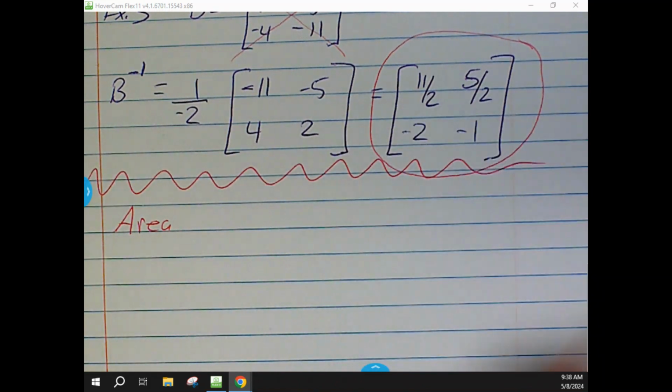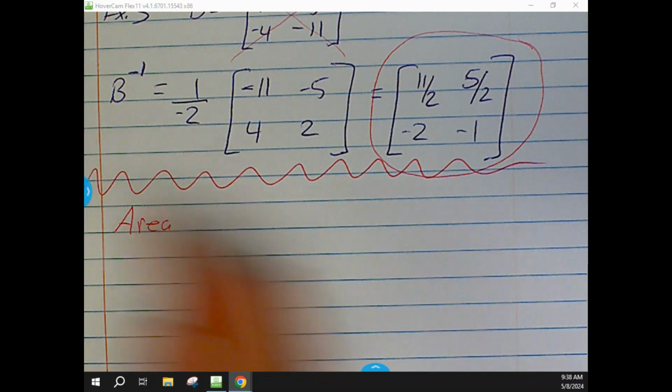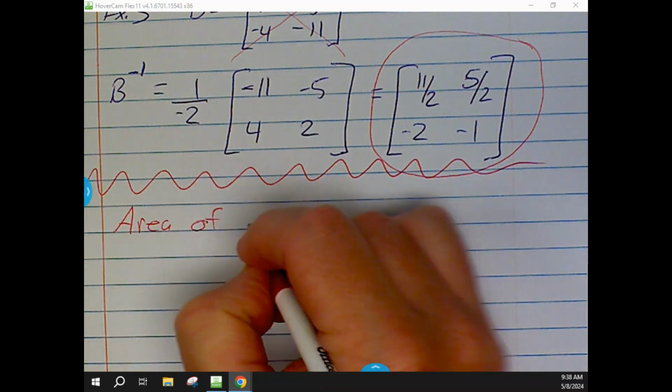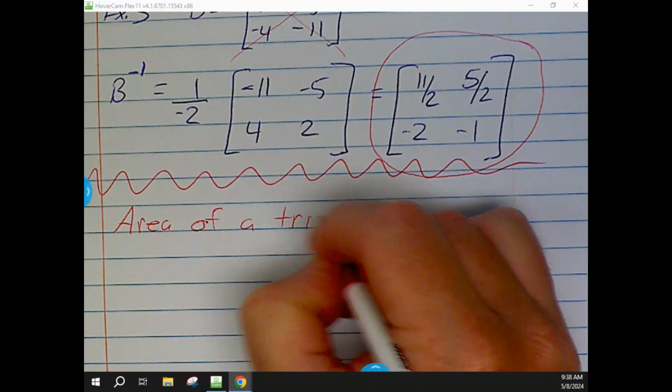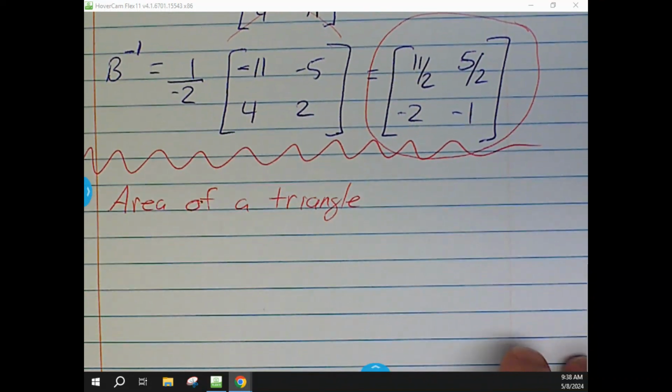If you have to find the area of a triangle, you can use a matrix to find the area of a triangle. Especially if it's not a right triangle, this is where you want to do this one.